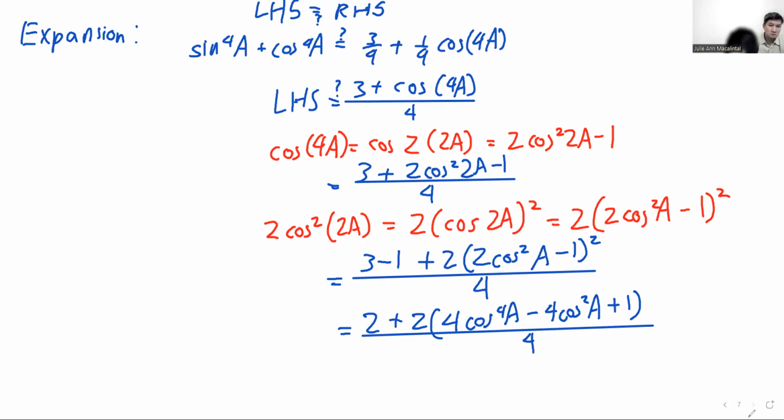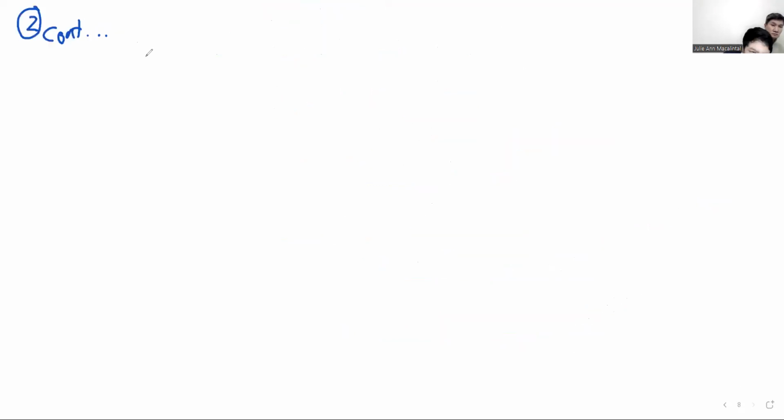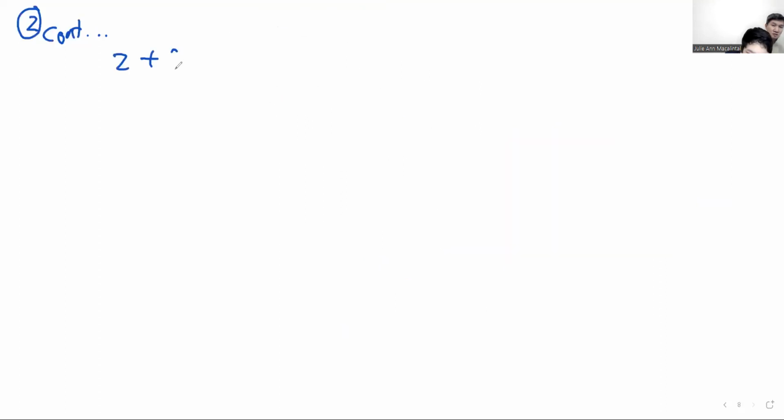I'll move to the next page. This is what? This is 2. Expand, I mean distribute. So distribute, so 8.